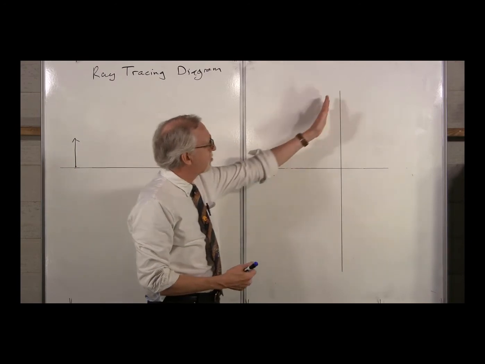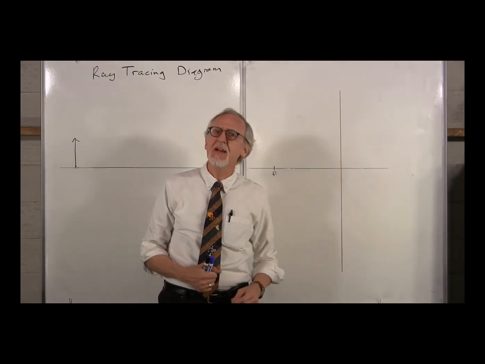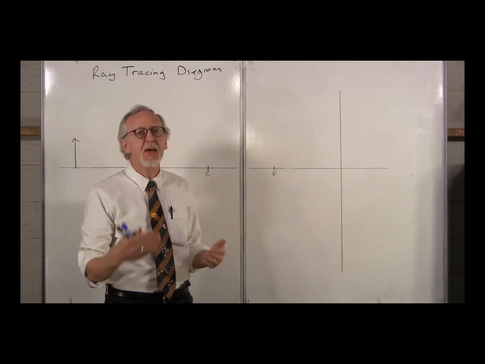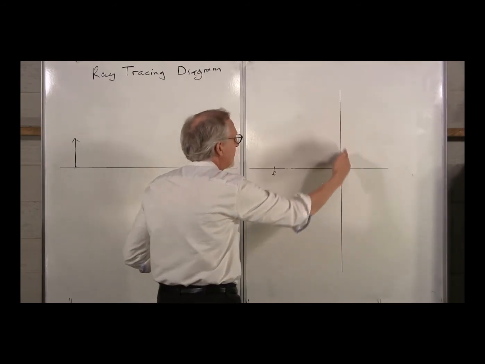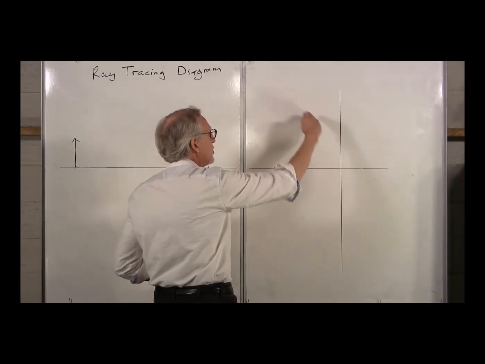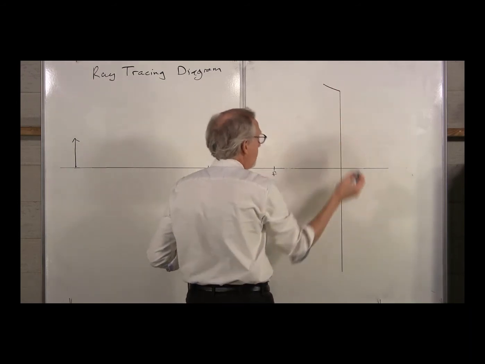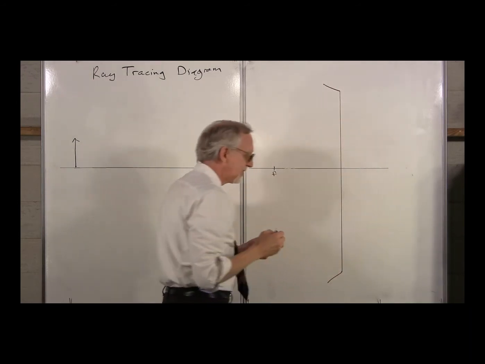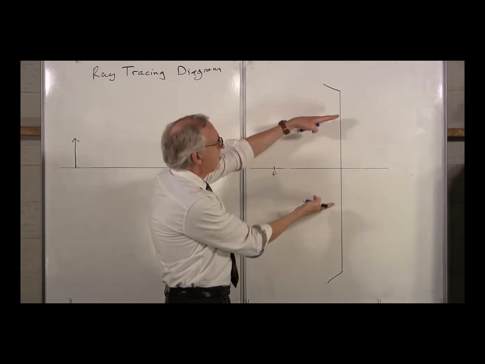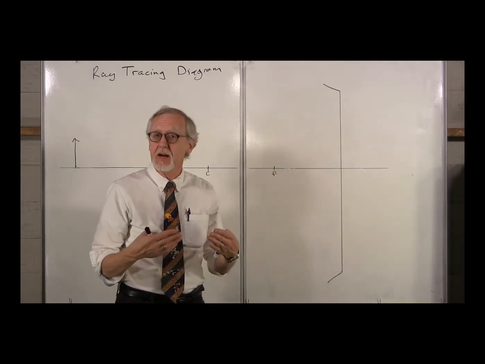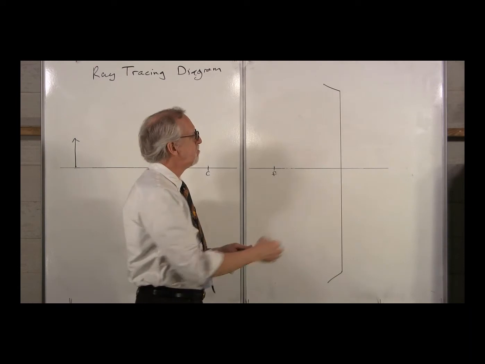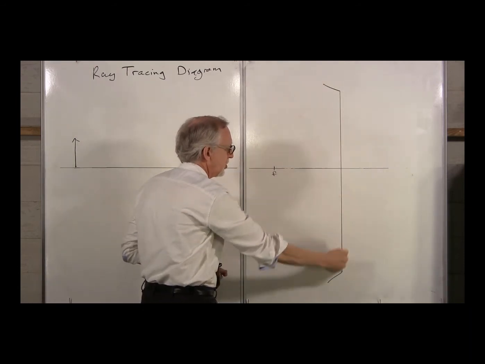And so I've drawn our concave mirror as a straight line, but to emphasize that it actually has this overall curvature like this, I'm going to put a little tab at the top and the bottom, just to indicate that although near the center we're going to treat the mirror like a straight line, a flat surface, it really has this curvature that looks like this.